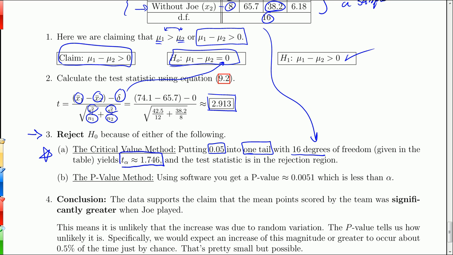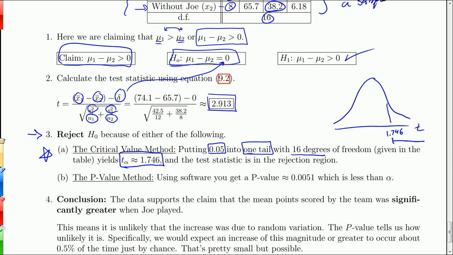Again, I didn't draw the distribution, but if I did, the t-distribution looks like a normal curve, so when I draw it, they look exactly the same. Both of them are done pretty sloppily when I do it by hand. So the critical value is 1.746. The rejection region is everything to the right. This is a right-tailed test.